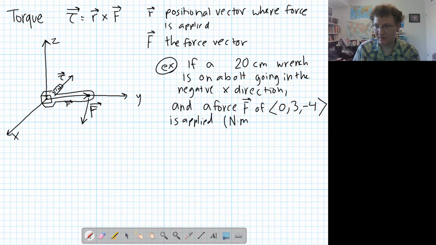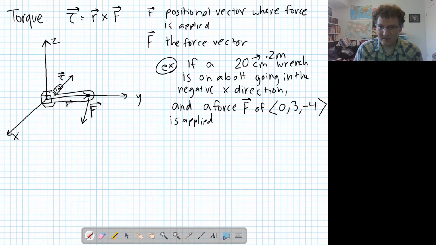The length is in centimeters, so I want to convert this. That's 0.2 meters. I'll be dealing with meters.